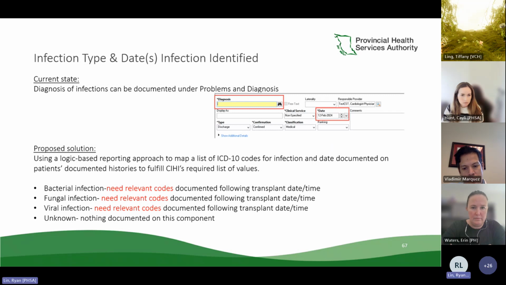So with regards to the current state of infection type and dates of infection identified, diagnosis of infection can currently be documented under problem and diagnosis. So if that is the case across the board, we are proposing to use a logic-based approach to map a list of applicable ICD-10 codes for infections and the date documented on the patient's documentation history to fulfill CIHI's required list of values. Please ignore the red text here.